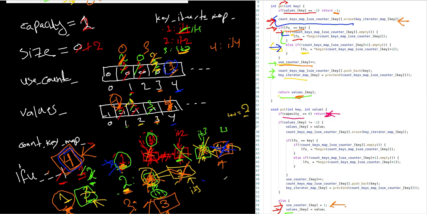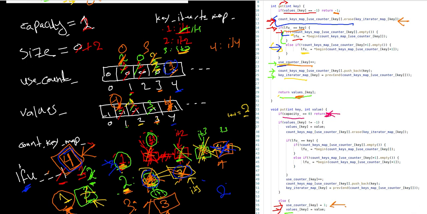So we have count for 1, so we need to check for 2 if it's empty. 2 is empty also, and that means we are not going to do anything with the least frequently used.